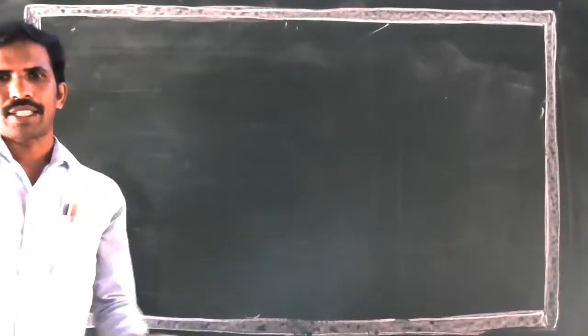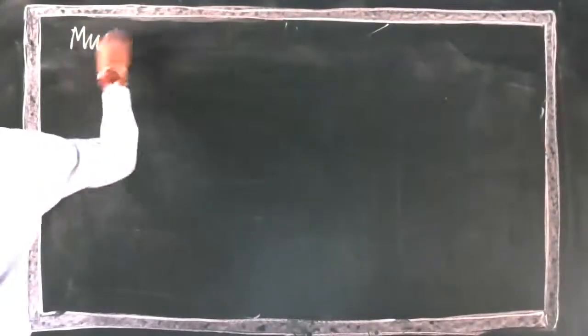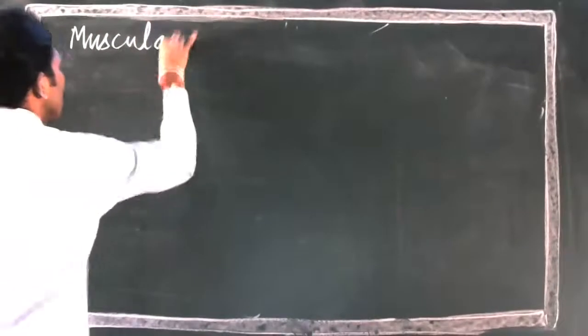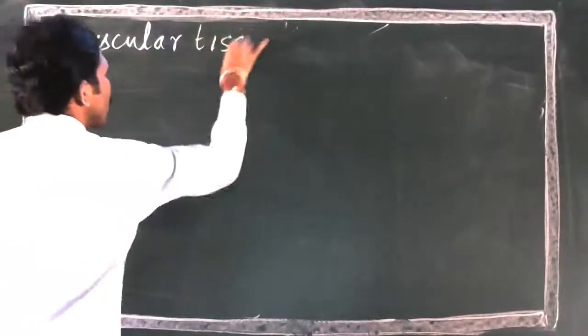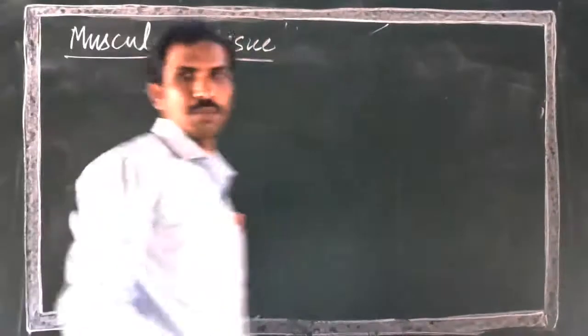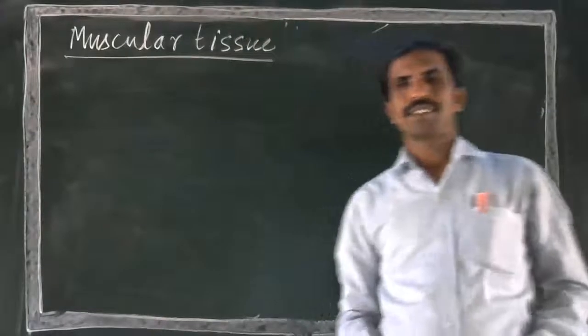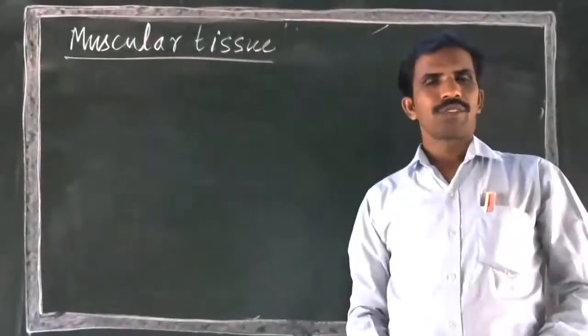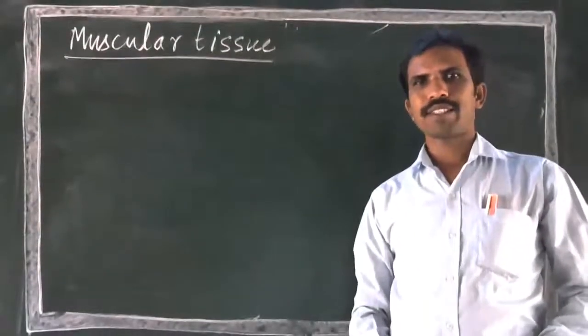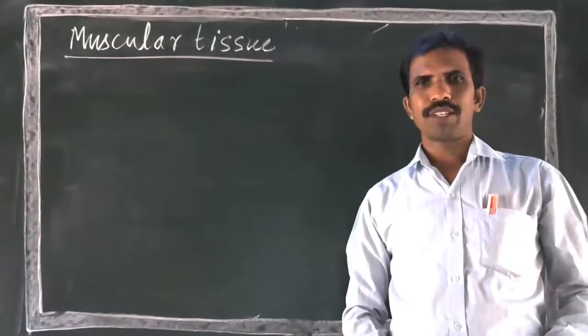So we'll start with the next type of tissue, that is muscular tissue. So muscles. This tissue is related to muscles. Very important tissue.